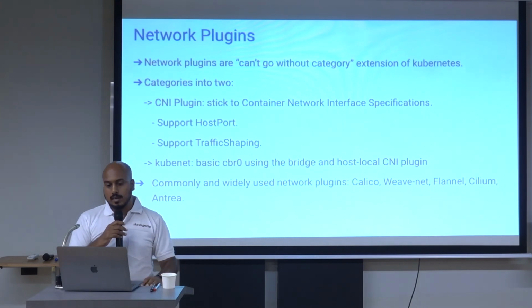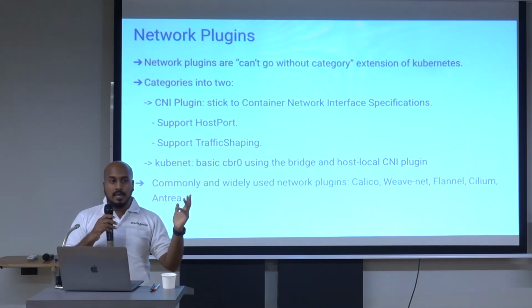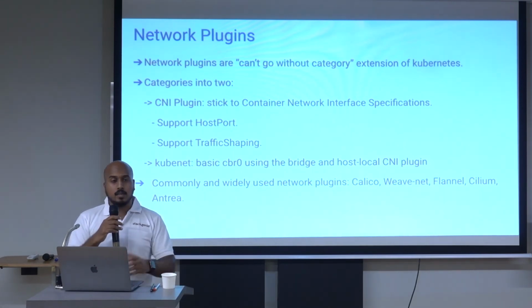There are two categories in that. The first one is the CNI plugins and the second one is kubenet. We should mostly talk about and be aware of CNI plugins, because most of these CNI plugins enable cross-node networking. Everyone knows the basic networking fundamentals of Kubernetes. What exactly do we need the networking plugins for?